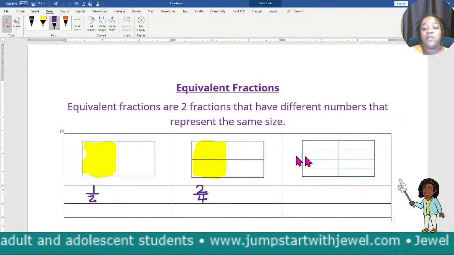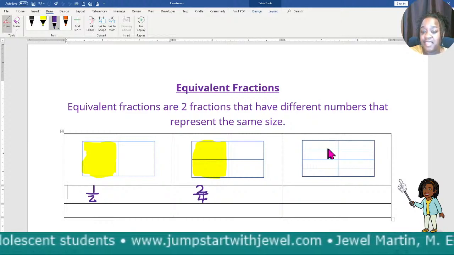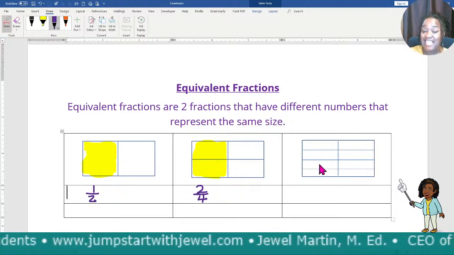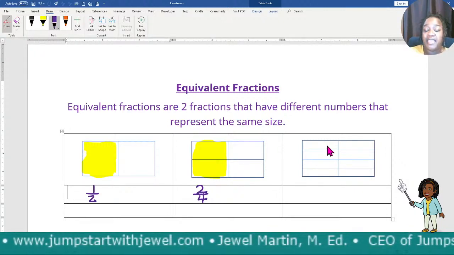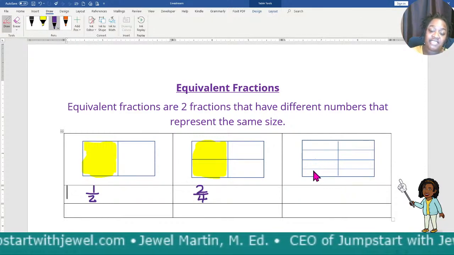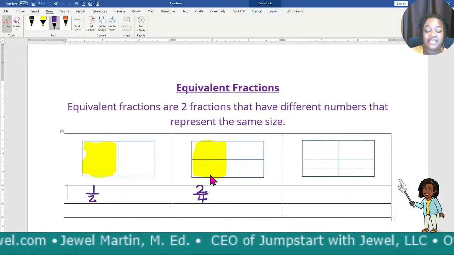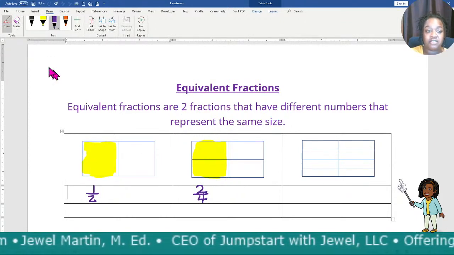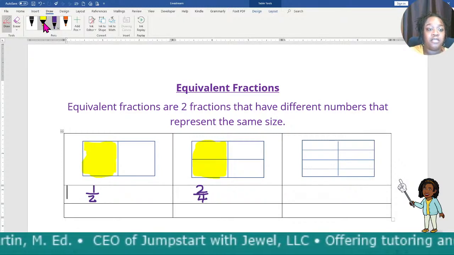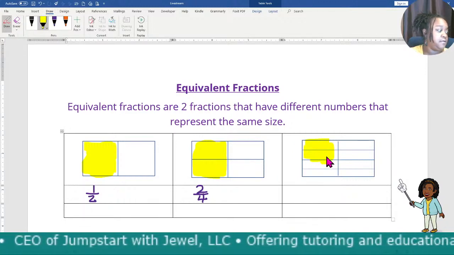Okay, then we go over here to the last rectangle. This rectangle, 1 2 3 4 5 6 7 8, has 8 parts, and even though it has more parts, this left side of this rectangle, we're going to shade this in. It's going to be the same size as all of the other fractions, but the numbers are different because it has more parts. So let me get my highlighter and I'll shade this in.